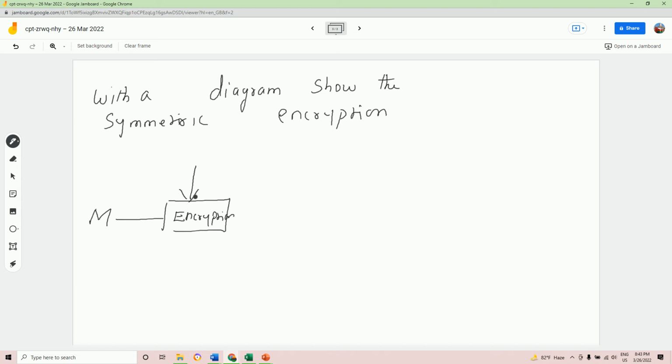So to do the encryption you need a key. Okay, so you can say secret key, then you do the decryption, use the same secret key.